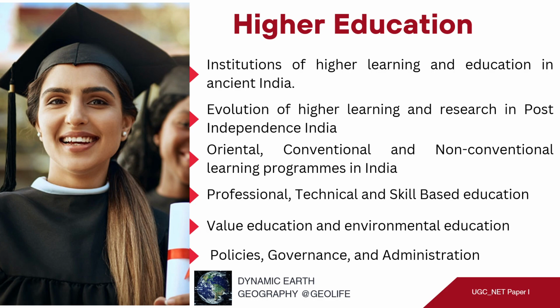Including this, you need to know about state and central government institutes, that is research institutes, and also state universities and central universities, when they were established and how they are running, how they relate to education and how they relate to world standards. Those things also you need to know in the higher education system.